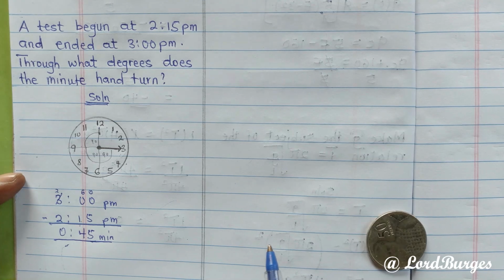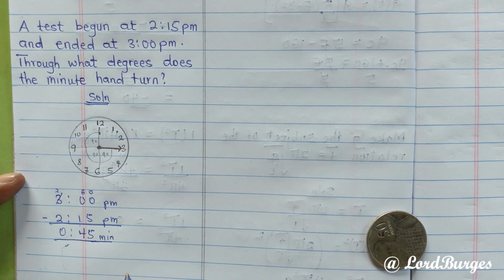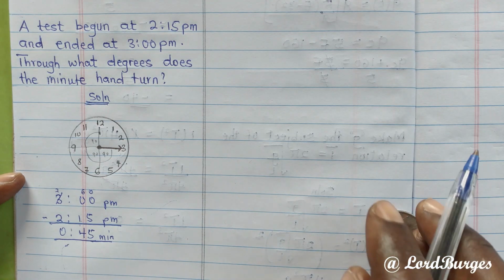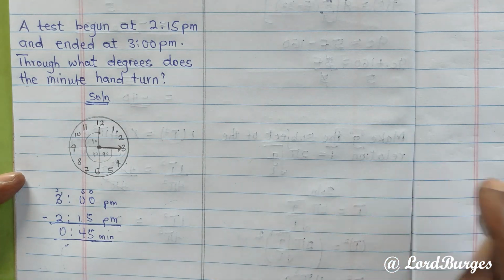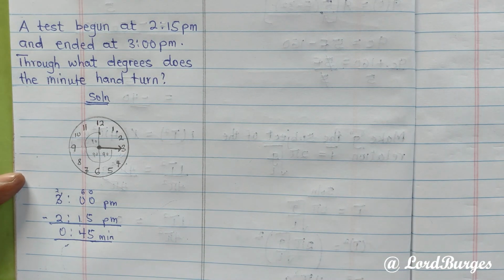Now there is something you need to know and keep in mind. Every 1 minute movement of the minute hand is 6 degrees.